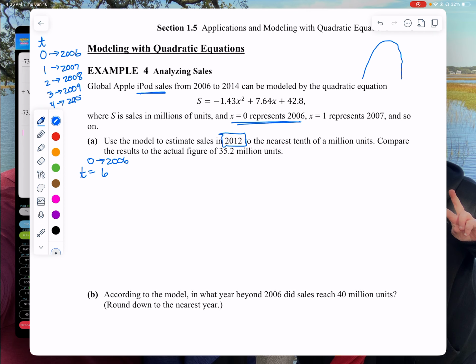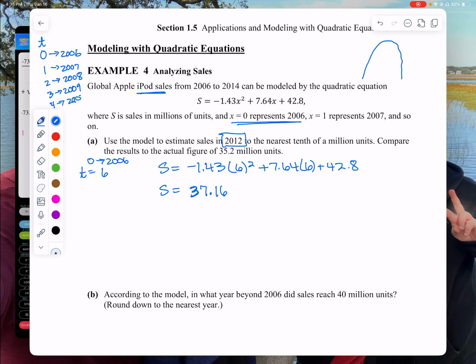So all I'm going to do is plug in my 6 everywhere there is an X, both places: 6 squared, and 6 there. Then plug the whole thing straight into your calculator, and you're going to get 37.16 something.